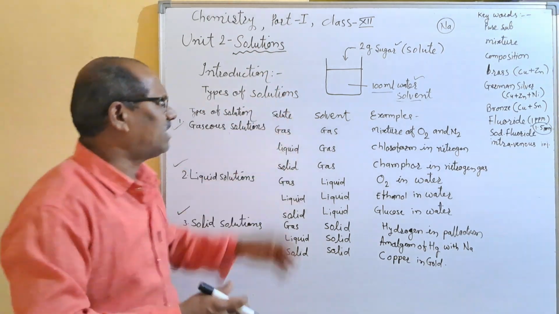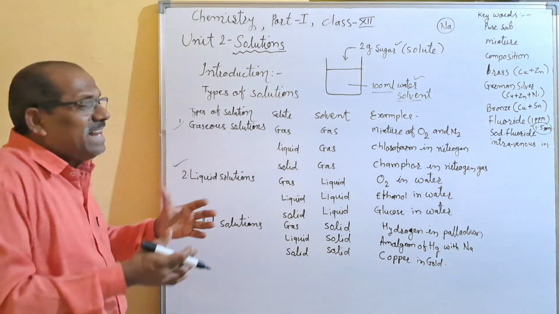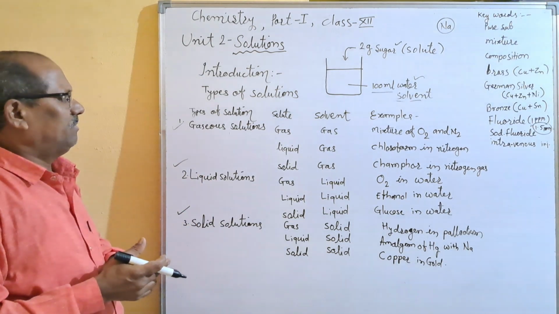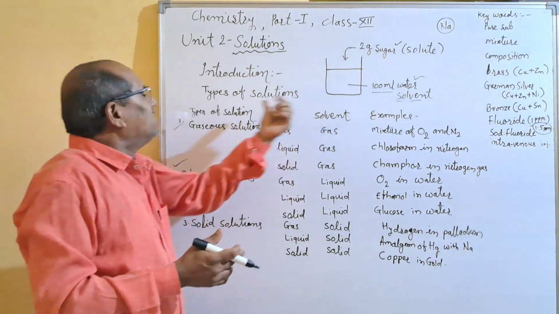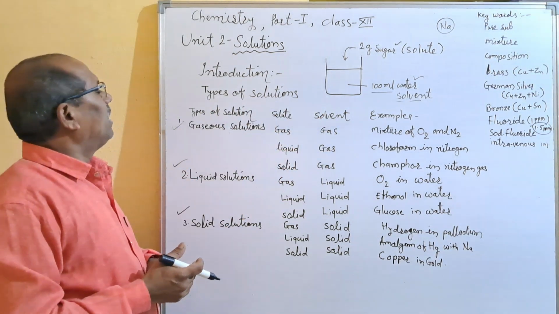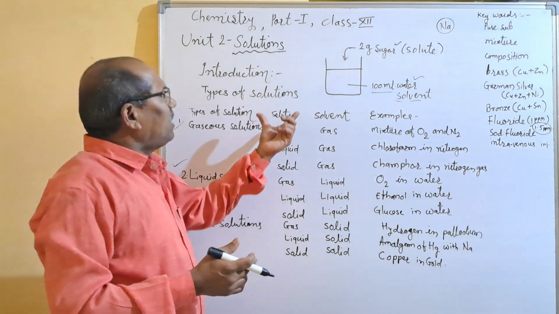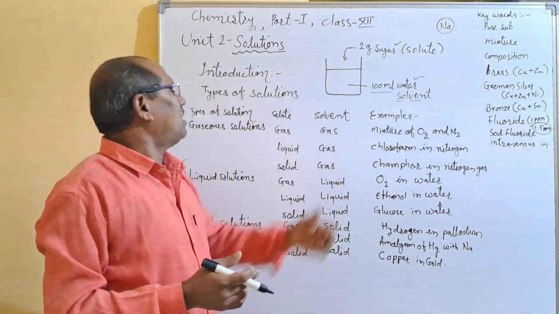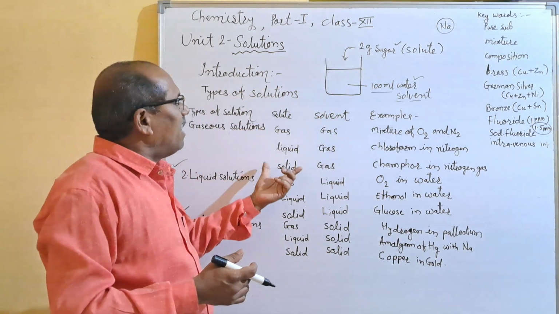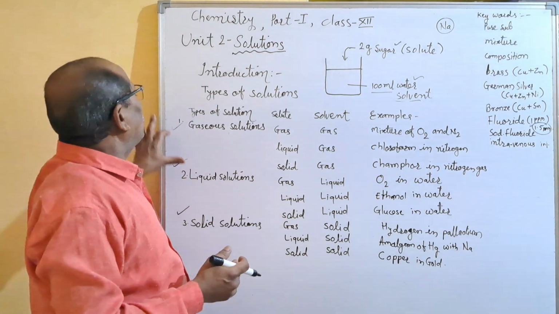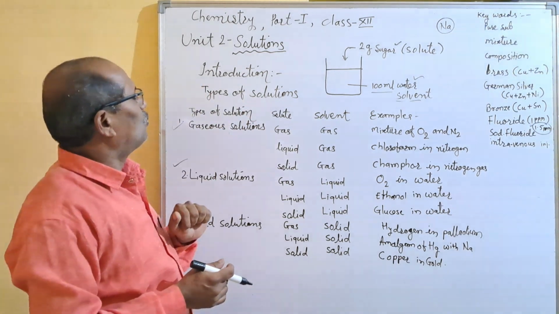In the same way, whenever the solvent is in a larger quantity as a gas, then those solutions are called gaseous solutions. The other components, like sugar, if they are in lesser quantity, act as solute.